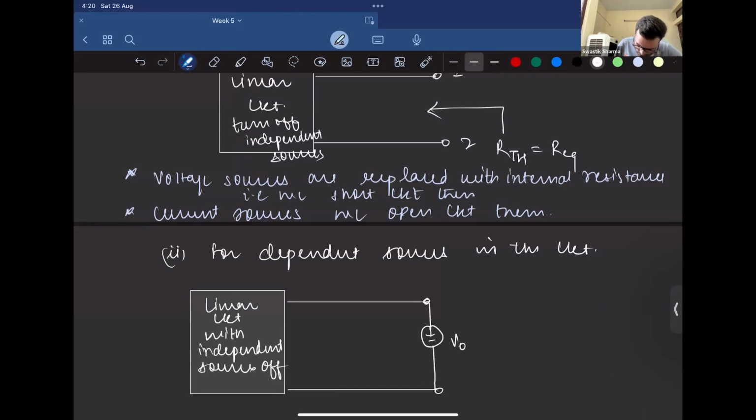Let's say we add a voltage source, V naught. Then for that V naught, we try to find the current I naught, and the R Thevenin is nothing but V naught upon I naught.